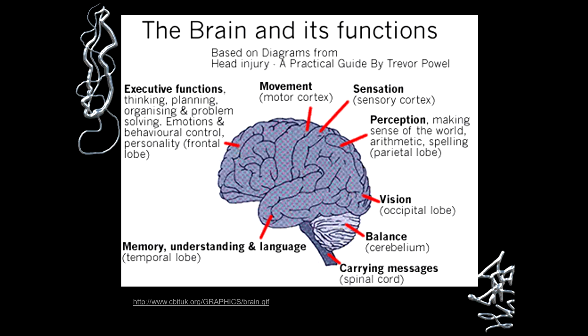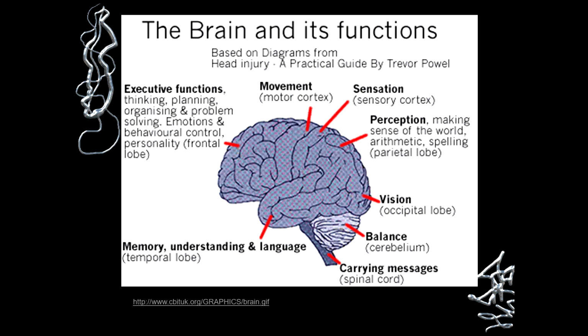Looking at the brain and its functions in a little more detail. Perception, making sense of the world, arithmetic operations, spellings. This is known as the parietal lobe, like the parents of your mind, which is governing the mind. Perception, beliefs, ethics, values. So you have to be a good parent to be a good child.